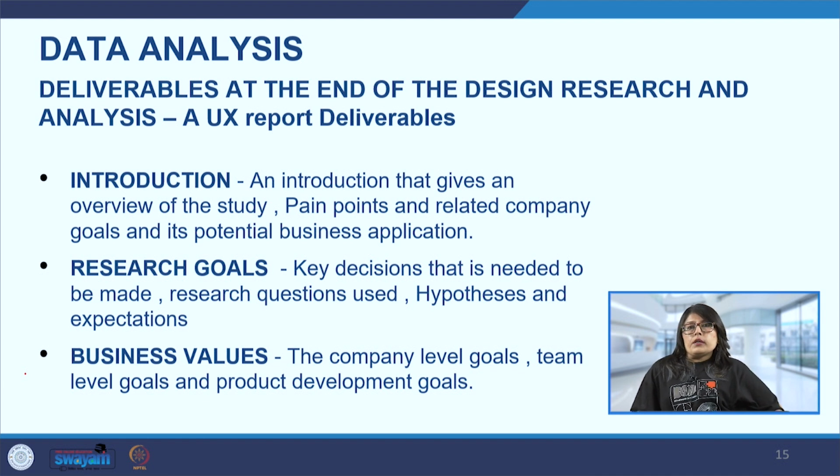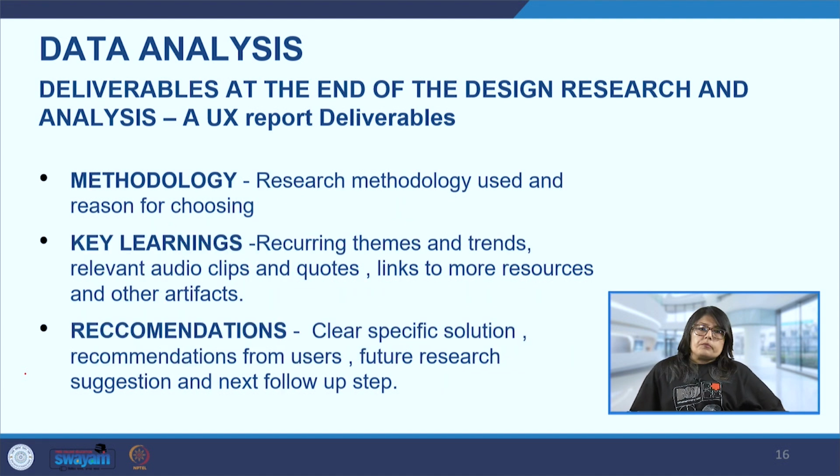So if it is a company, if it is a business, then the company level goals, the team level goals, and product development goals. So all of those goals will be listed there. In the following section, we will also have methodology, that is, how are we going to achieve those goals that we have mentioned previously.